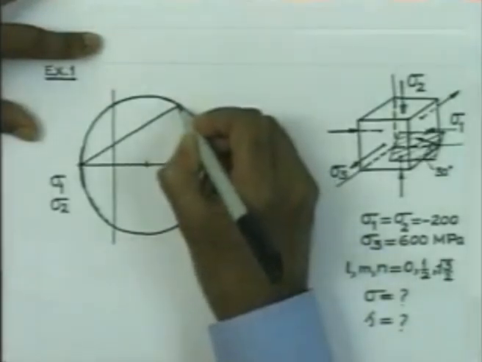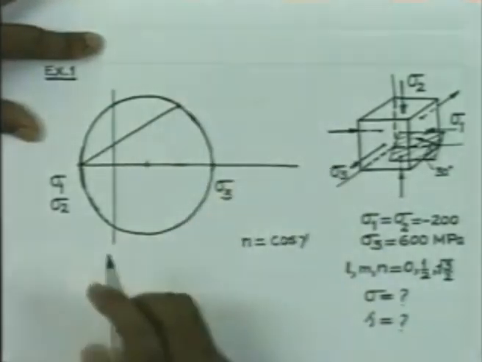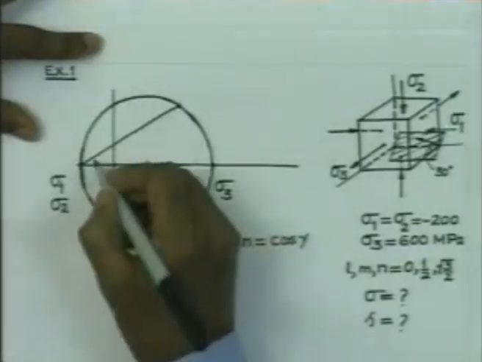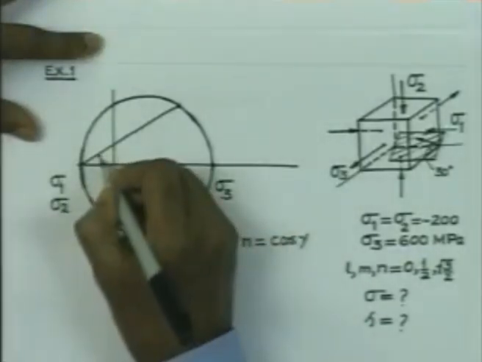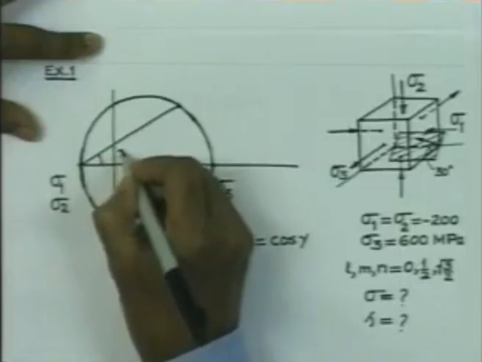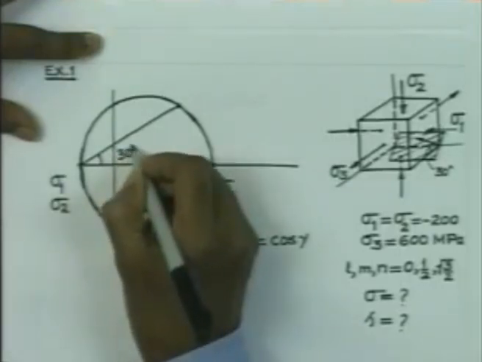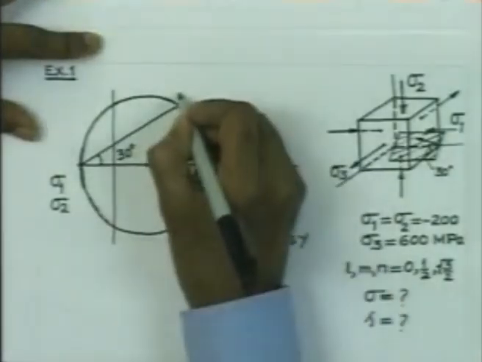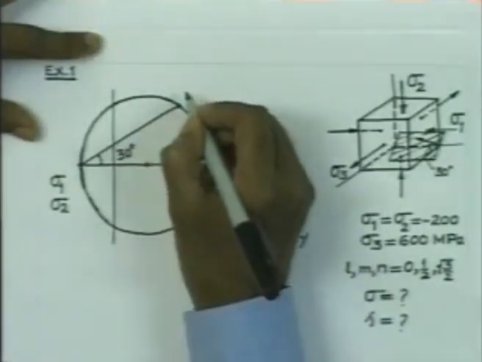Therefore, this is the point. Again, if we consider the circle with sigma 2 and sigma 3 and draw a line at an angle of 30 degrees, that is going to meet the circle at the same point. So, this is the point that we are interested in.